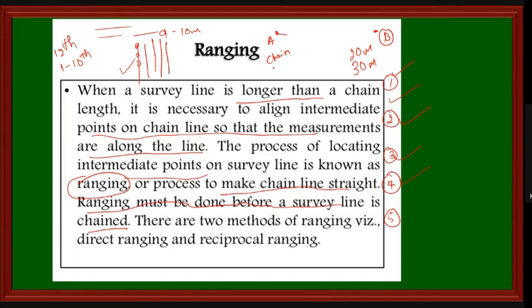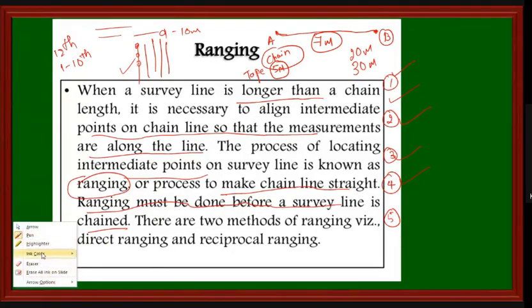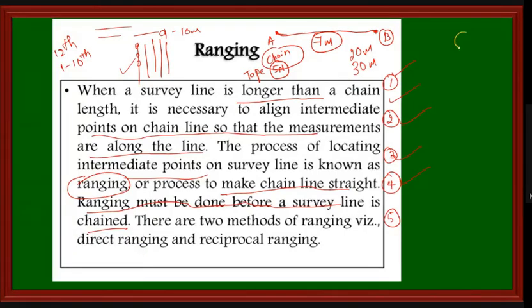I have a chain or tape of 5 meters, but the distance between station A and B is 7 meters. See, my chain or tape is 5 meters, but the distance between station A and station B is how much? 7 meters.